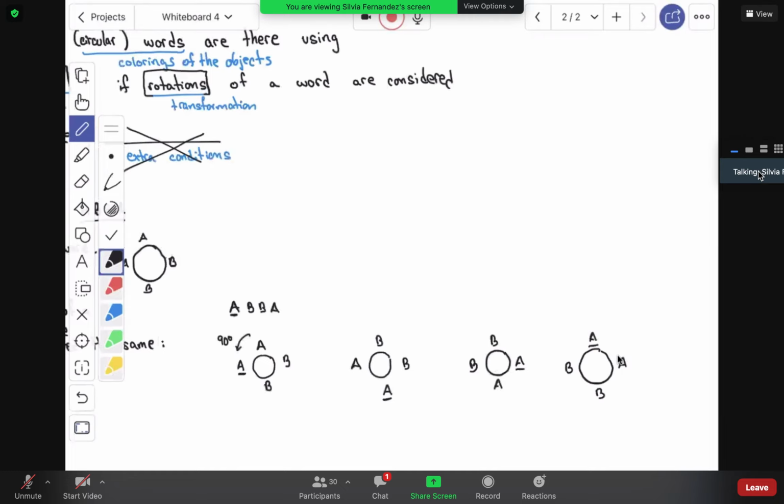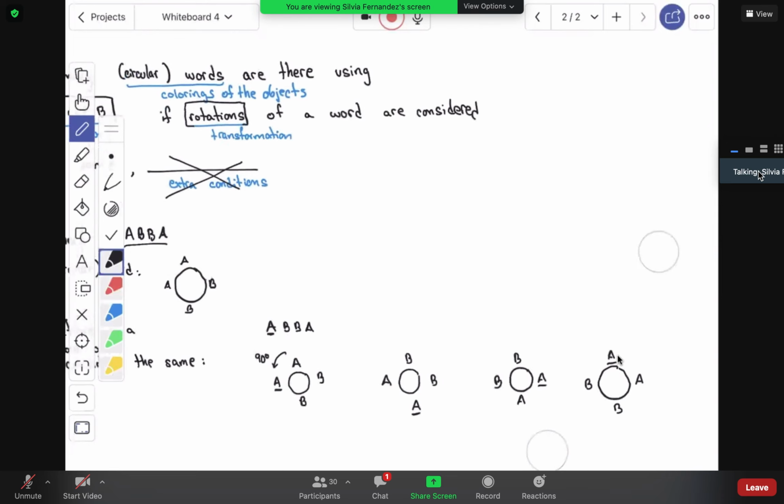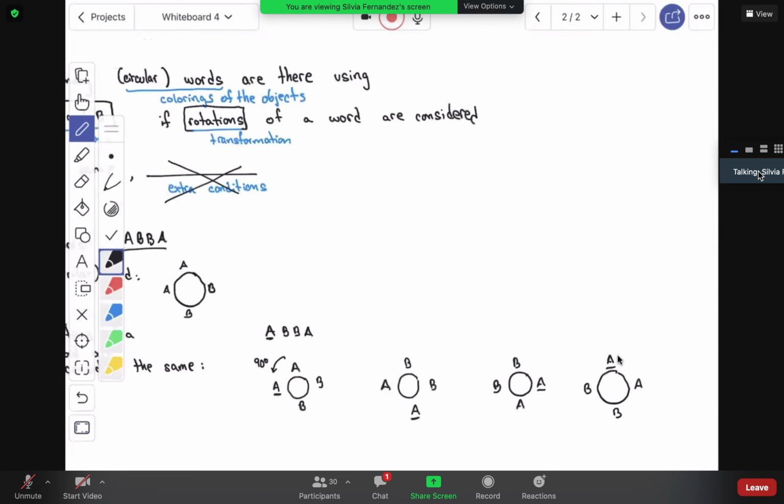So look, even though we're talking about words, when we say that rotations are equivalent, we're thinking about them positioned in a circle. So this second word actually becomes, this other word becomes, I want to say B B. Should I have done the other rotation?